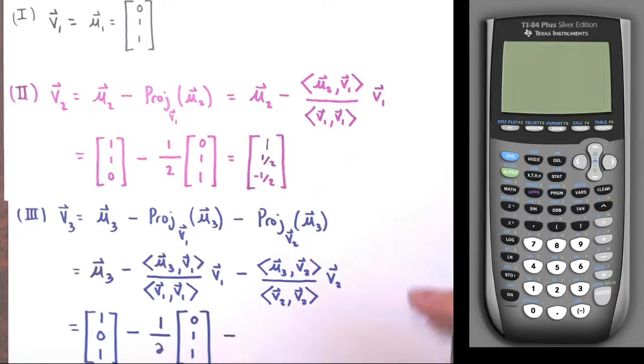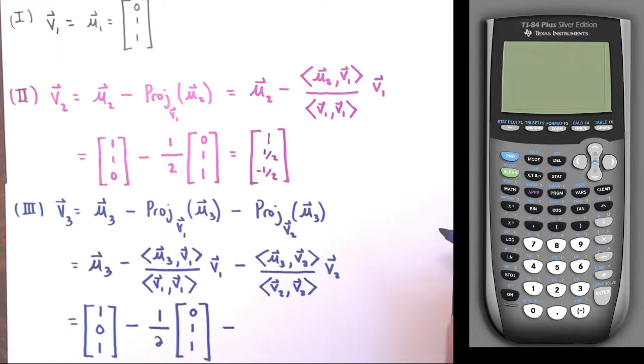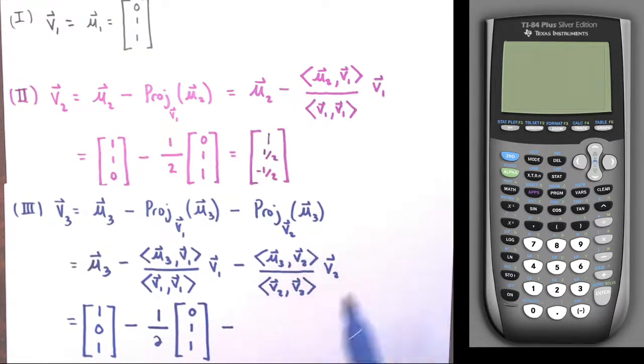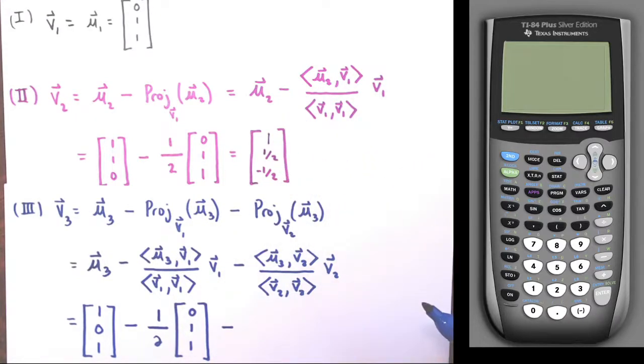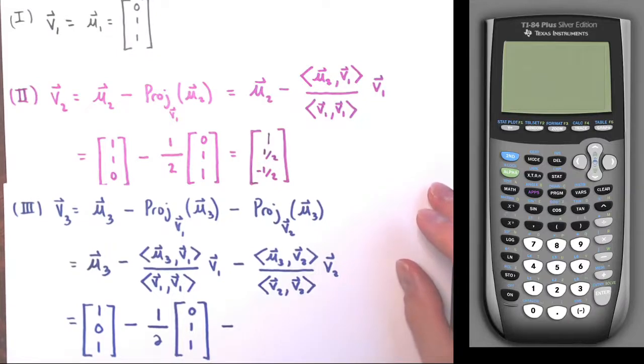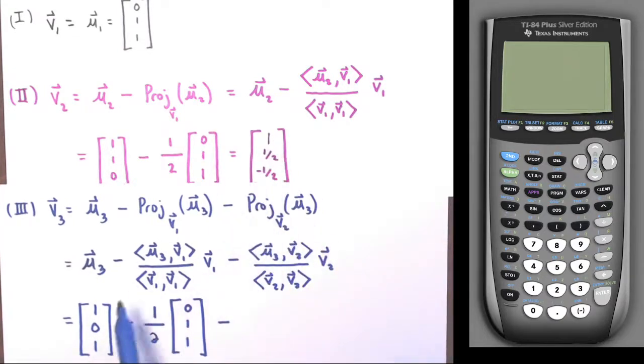Then minus the projection of u3 onto v2. So what's the inner product of u3 with v2? Remember, v2 is this with the 1/2, negative 1/2. Now u3 is 1, 0, 1. v2 is 1, 1/2, negative 1/2. So 1 times 1 is 1. 0 times 1/2 is 0. 1 times negative 1/2 is negative 1/2. So I have 1 minus 1/2.